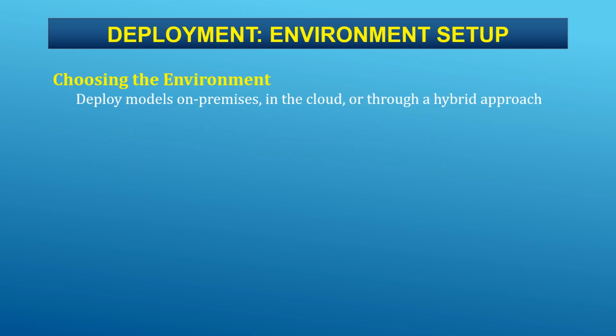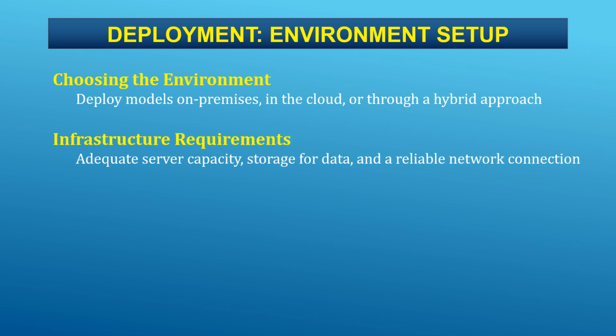Deployment environment setup. Choosing the environment: organizations can deploy models on premises, in the cloud, or through hybrid approaches, depending on factors like data sensitivity, scalability needs, and existing infrastructure. Infrastructure requirements.